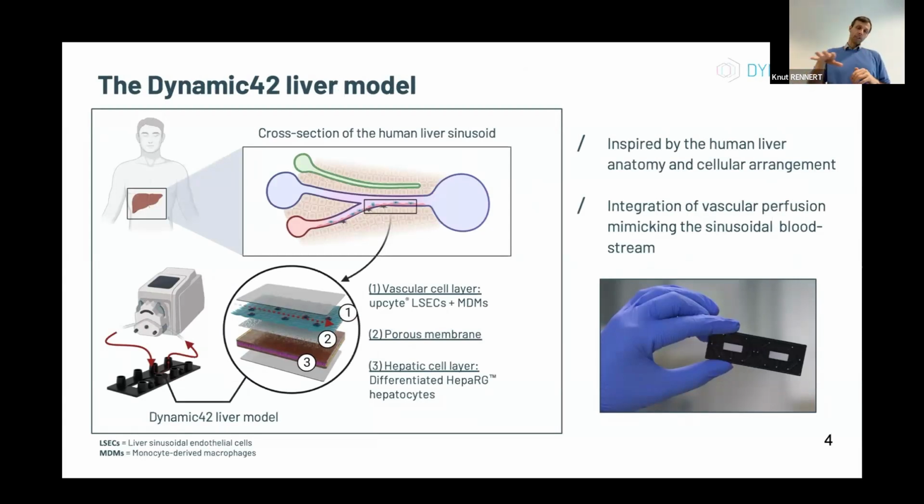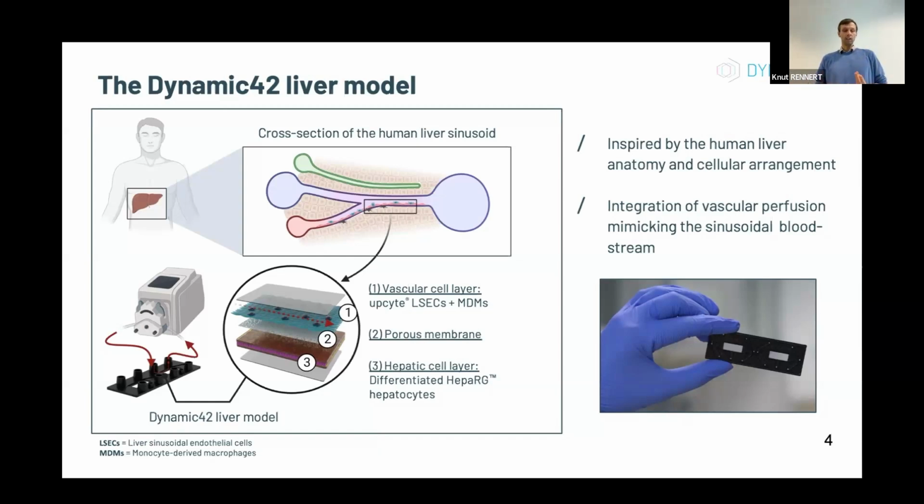In the upper channel, you can integrate the vasculature consisting of liver sinusoidal endothelial cells, as well as a surrogate for Kupffer cells, in this case monocyte-derived macrophages. Beneath the membrane, we are able to integrate differentiated HepaRG hepatocytes. You can do it in a gel, but you can also do it only by coating. And there you have the structure of the liver sinusoid in the chip.